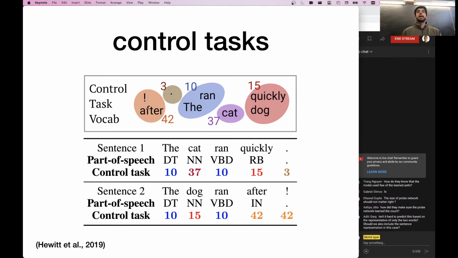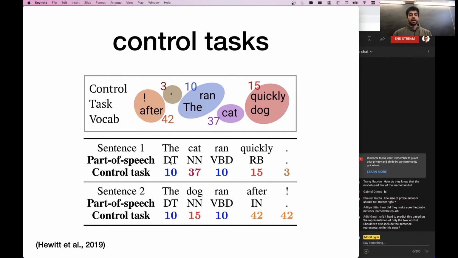In your control task, he suggested we can randomly partition our vocabulary into different clusters. These are all completely random clusters. You can see that the and ran belong to cluster 10. Quickly and dog belong to cluster 15. There's no relationship between these words. It's a completely arbitrary clustering.